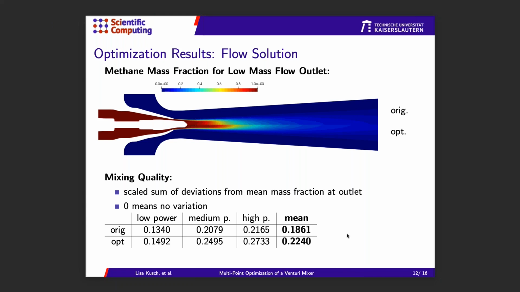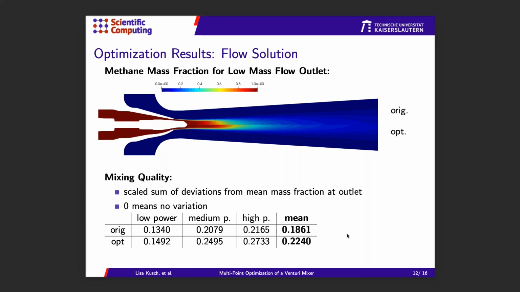And when we look at the mixing quality and measure it based on the scaled sum of deviations from a mean mass fraction measured at the outlet, then we see that for all the power cases, this has increased, and in our case, this means that the mixing quality is worsened. So 0 would mean no variation from a mean mass fraction. So that's something we still have to consider in the future.